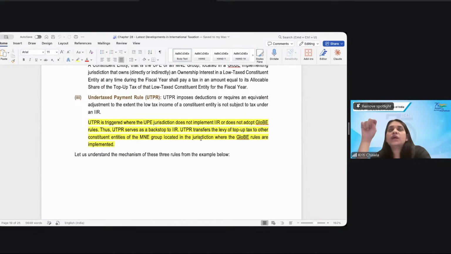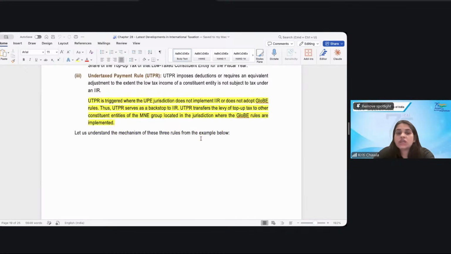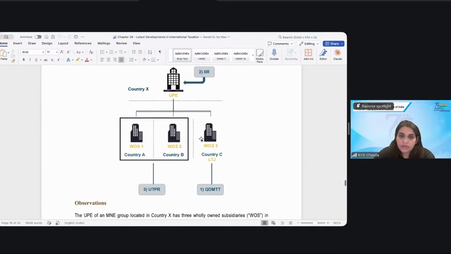UTPR is triggered where the UPE jurisdiction does not implement IIR or does not adopt the GloBE rules. UTPR serves as a backstop to IIR, the income inclusion rule. Under UTPR, they basically transfer the levy of top-up tax to other constituent entities of the multinational group located in jurisdictions where the GloBE rules are implemented.